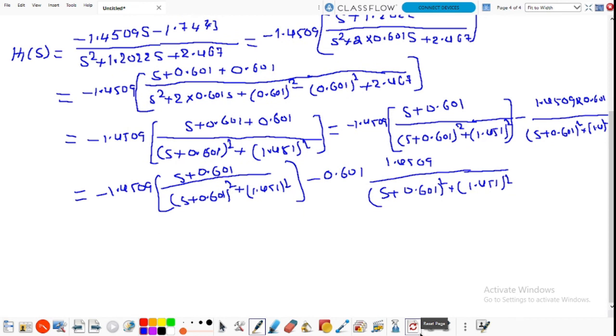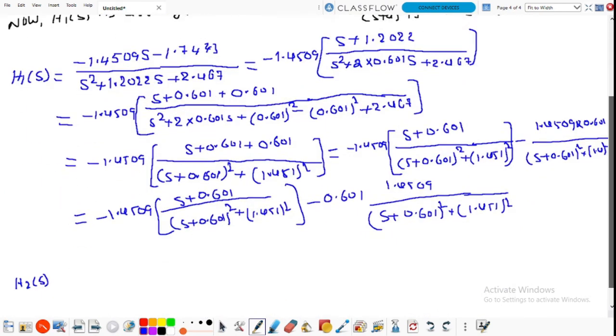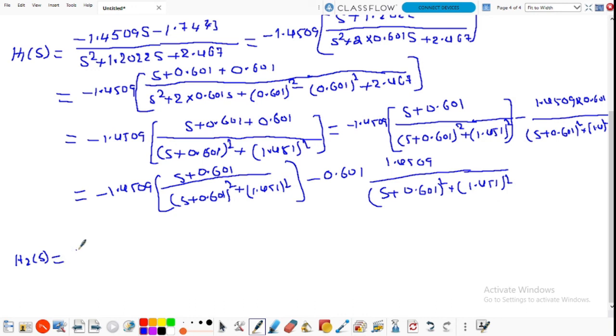Similarly determine the second system function H2 of S. H2 of S is equal to 1.4509 S plus 4.2113 divided by S square plus 2.9025 S plus 2.467.